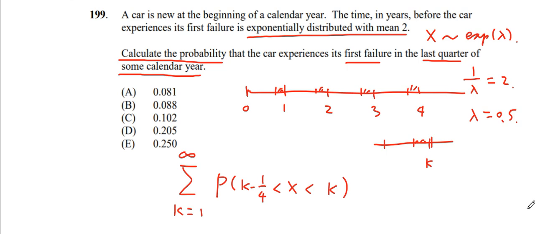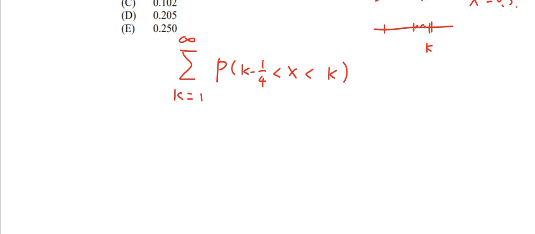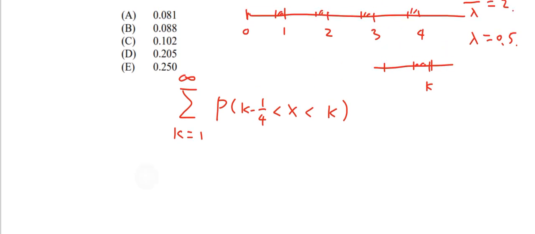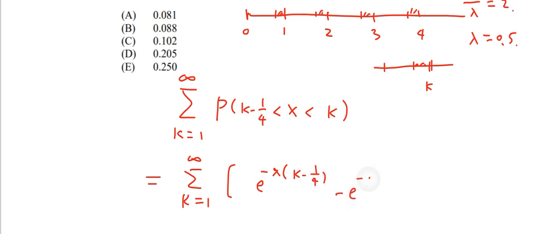For the exponential distribution, we have the formula for such a probability. This probability equals e to the negative lambda times K minus 1/4, minus e to the negative lambda K.